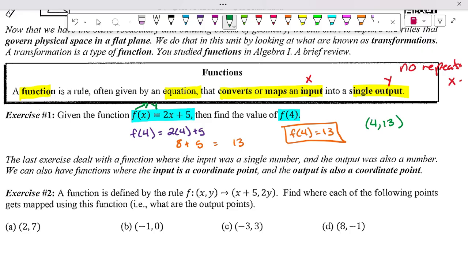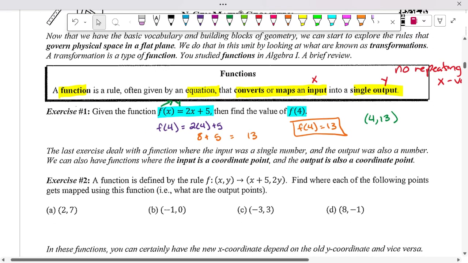The only reason we say f of x is a lot of times, especially when we're naming functions, you want to list it as f of x, g of x, h of x, whatever, just so you can identify which function is which. Now, that's review from Math 1, 8th grade, whatever.